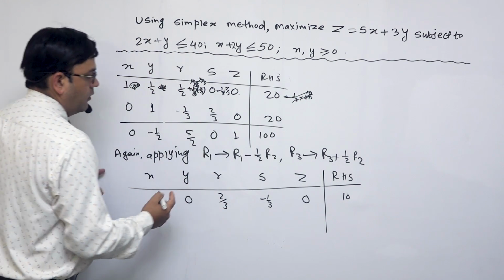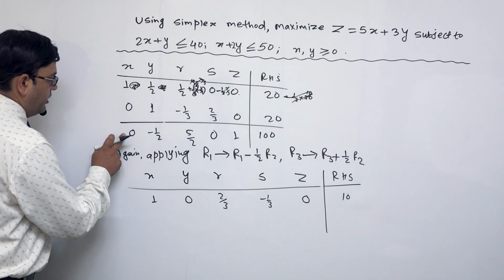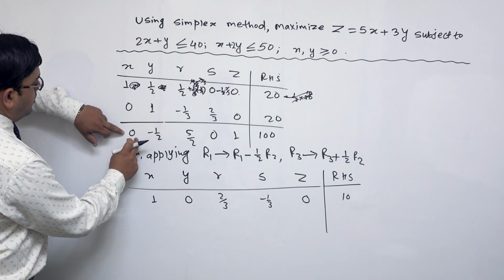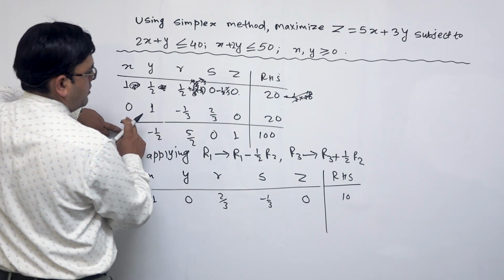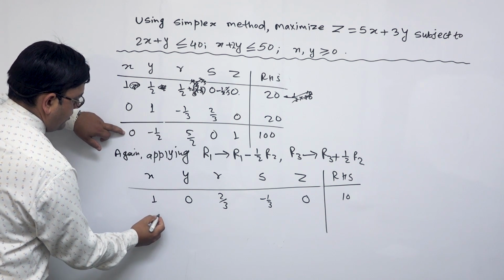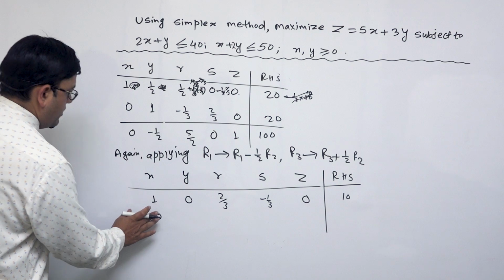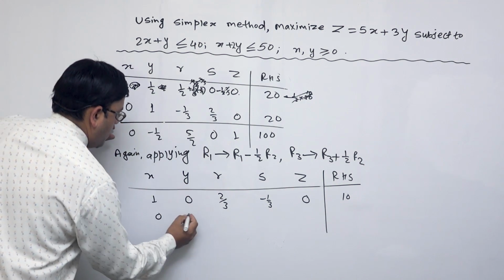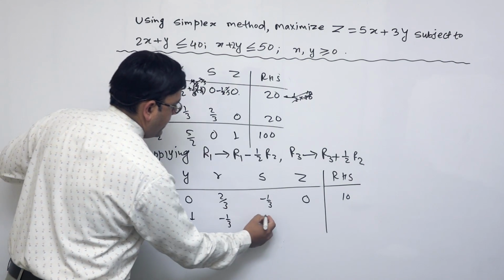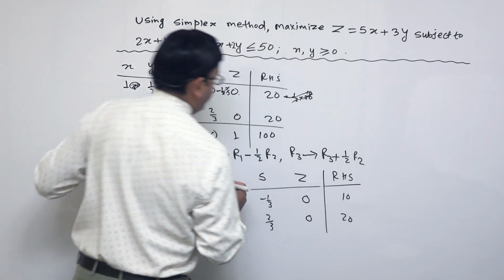Again, we have to change R3. R3 changes into 1 by 2 R2. So 0 minus 0 is 0. Dear students, now we have to write this at first: 0, 1, minus 1 by 3. So 2 by 3, and this is 0, and this one is 20.